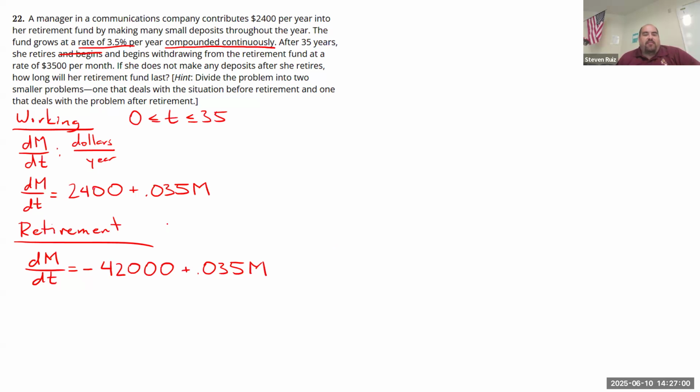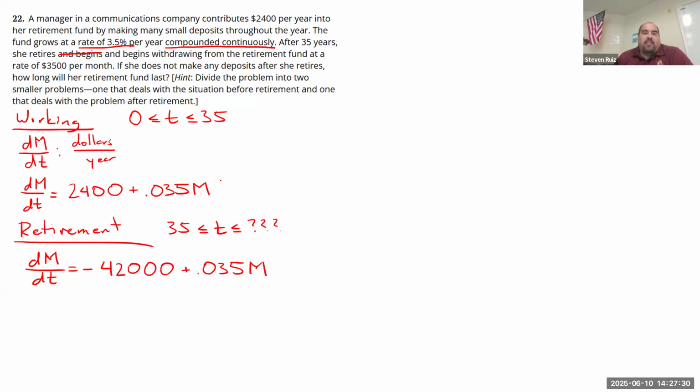And retirement is going to be from 35 to a time we are told to figure out. Okay, so how do we find this out? We want to know how long her retirement fund is going to last. So I think one thing we need to figure out is how much money her retirement fund has in it when she retires. So to do that, we need to solve this equation.